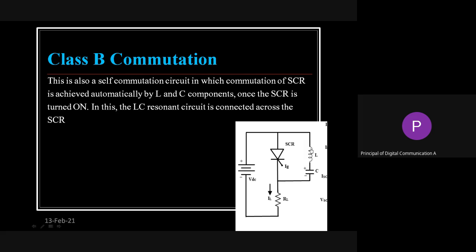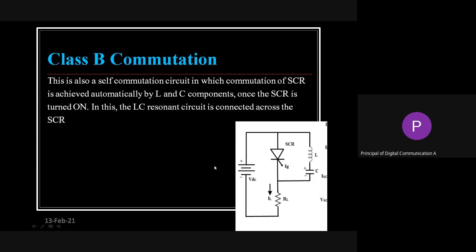But afterwards, the energy in the L starts the capacitor to recharge, but in a reverse direction. That is, the reverse voltage will appear across the SCR, and once the reverse voltage appears across the SCR, it will become off. So this is how the class B commutation will work.